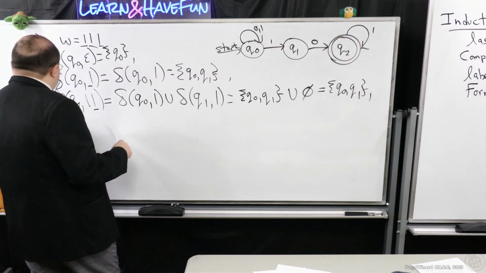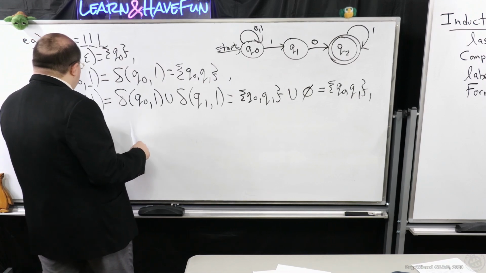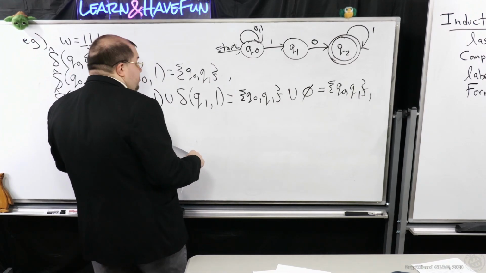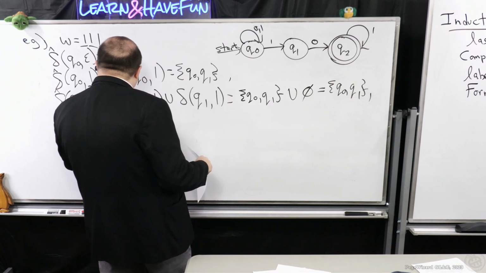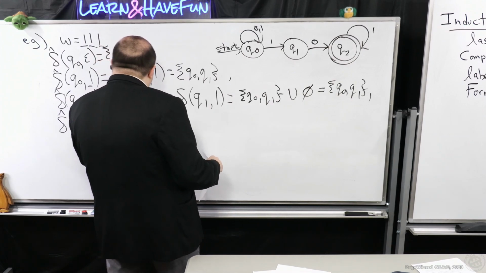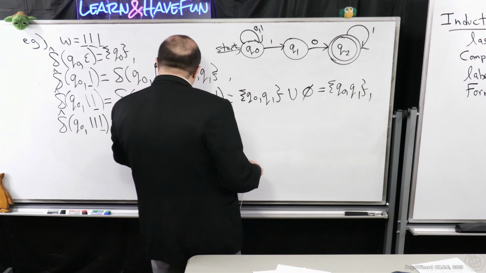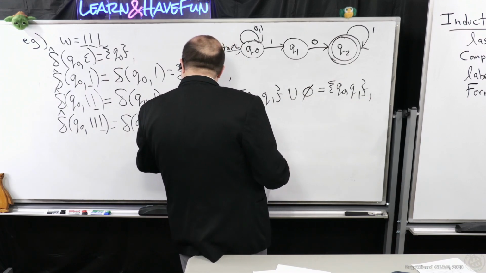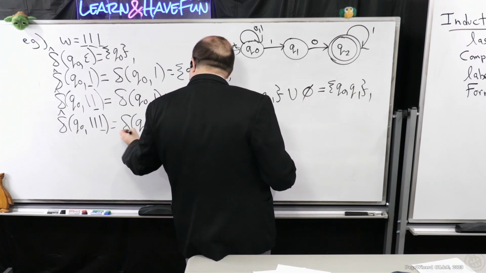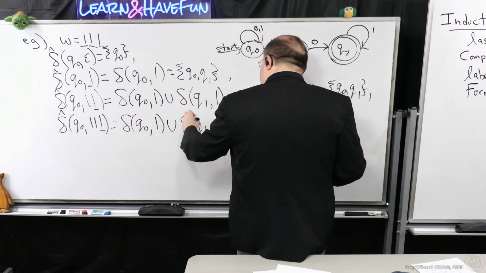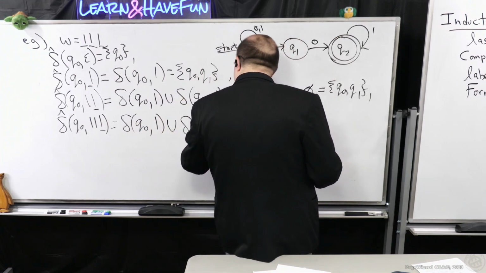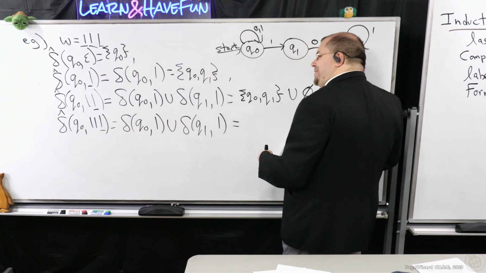Delta hat, Q0, 1, 1, 1. So we're going to apply the transition function on Q0 and Q1 each, on a 1 again. So delta Q0, 1, union delta Q1, 1. This should look awfully familiar to you.